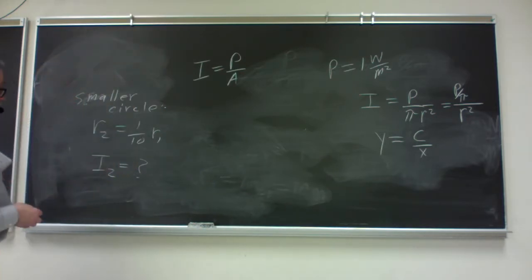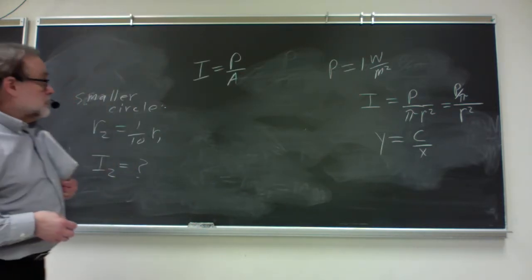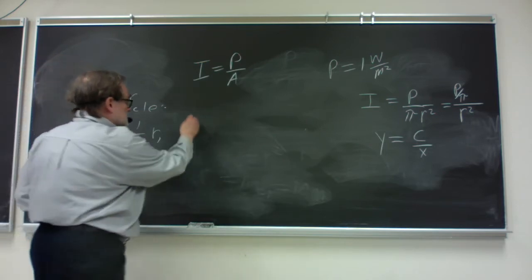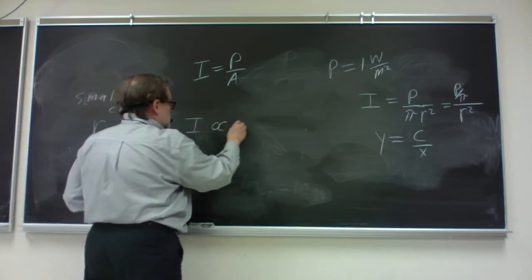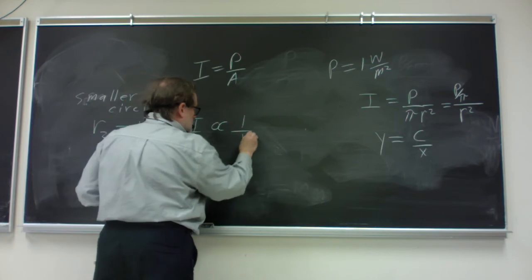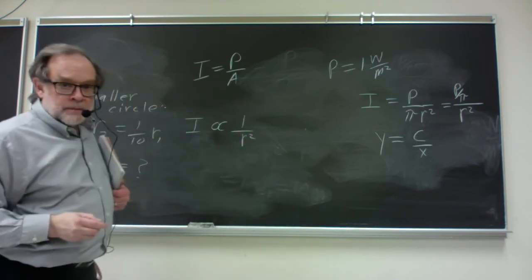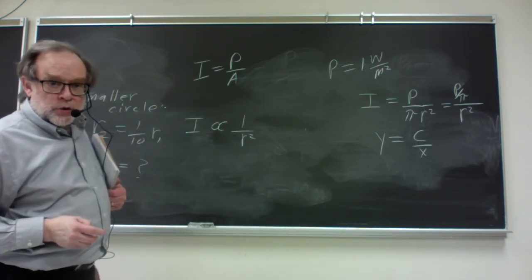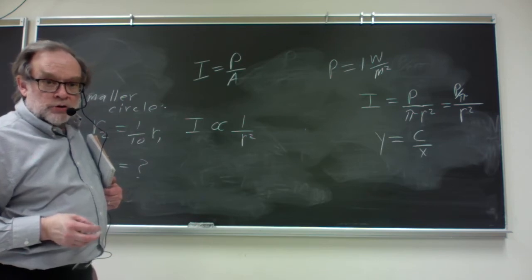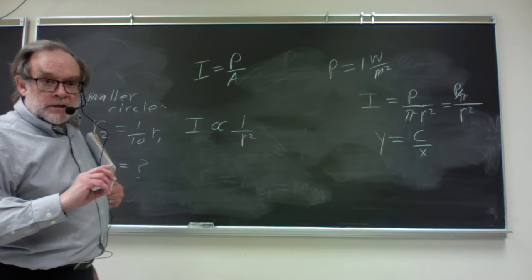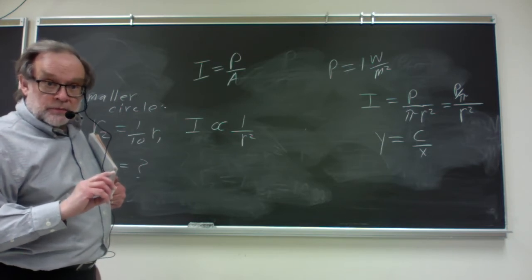How much brighter? Well, intensity is directly proportional to 1 over r squared. So there's an inverse proportionality between radius squared and intensity. However radius squared changes, intensity changes by the inverse factor.